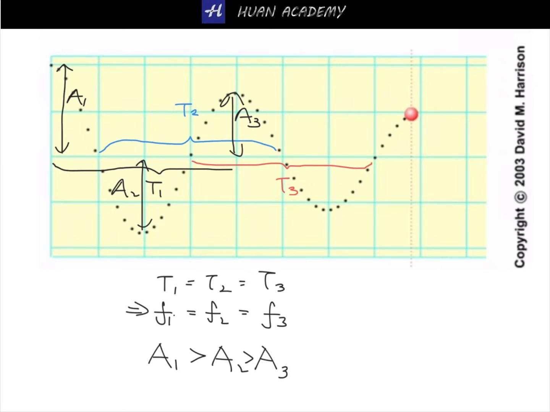So meaning to say, we can see a reduction or decrease in amplitude, but the periods remain unchanged. As a result, the frequency remains unchanged. In conclusion, damping will not affect the frequency. The frequency will remain unchanged, or the frequency is a constant.